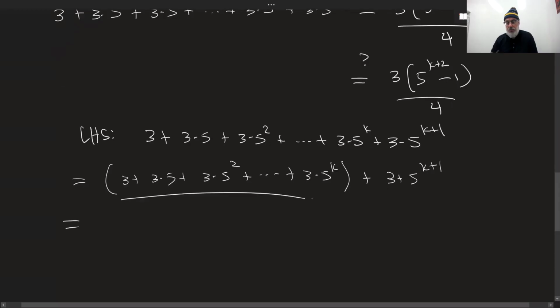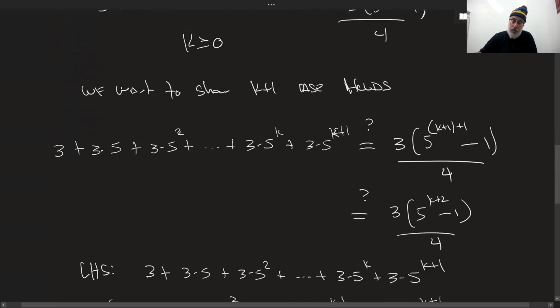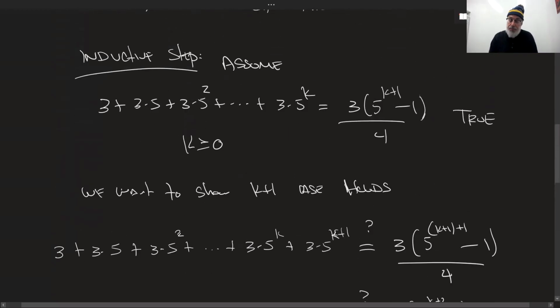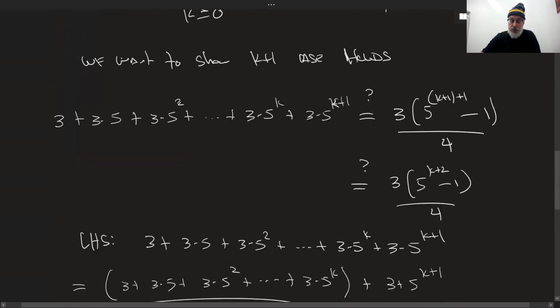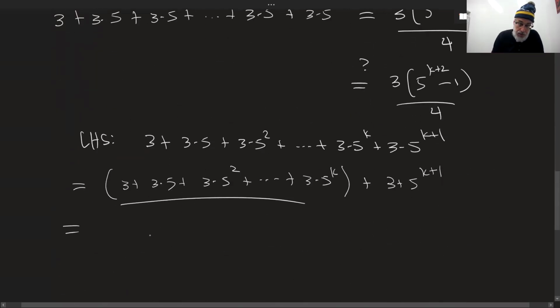This is the thing that we assume true above. Where is it? Here. So we're saying that the summation to k is equal to that right-hand side. So I'm just going to replace that with (5^(k+1) minus 1) divided by 4. And I'm going to bring down this term. So that's plus 3 times 5 to the k plus 1.